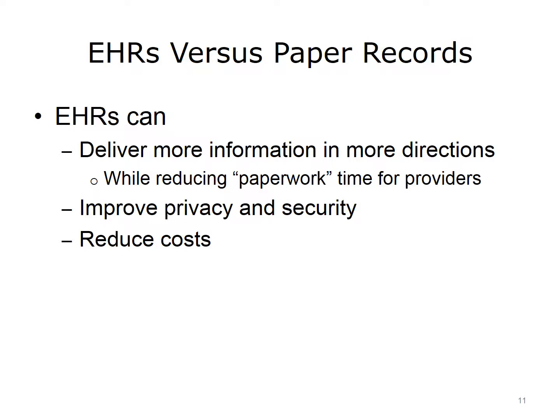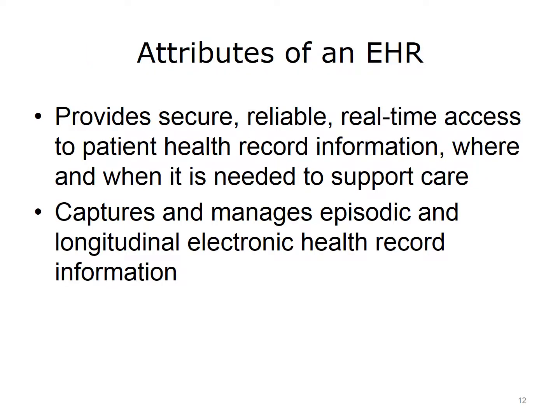Firewalls and other physical security measures can be put in place to prevent unauthorized users from gaining access to patient records. Overall, EHRs have the potential for improvements in patient safety and quality. However, improvements are not an automatic result of implementing an EHR. Thus, an electronic health record is not an electronic version of the paper record.